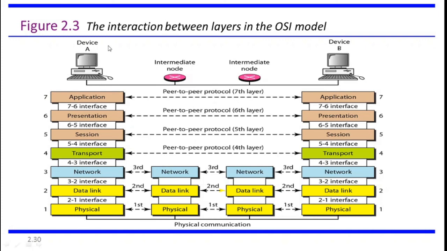Considering this network, we have all these layers being incorporated in device A, the source, as well as in the destination, whereas the intermediate nodes will have only the bottom three layers. So the bottommost layers are hardware layers and the uppermost layers are mostly software layers.